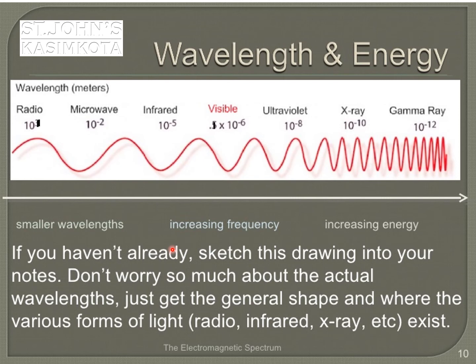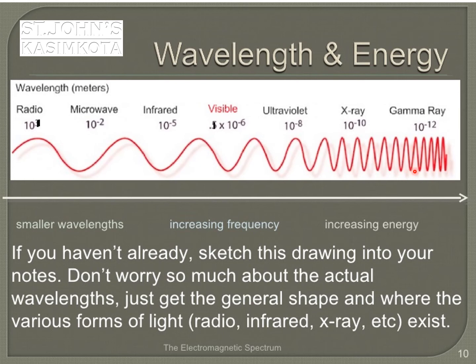So gamma rays have the shortest wavelength, so their energy is more. Since wavelength and frequency are inversely proportional, frequency is more and energy is also more.